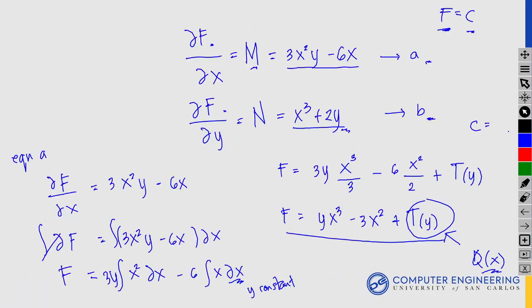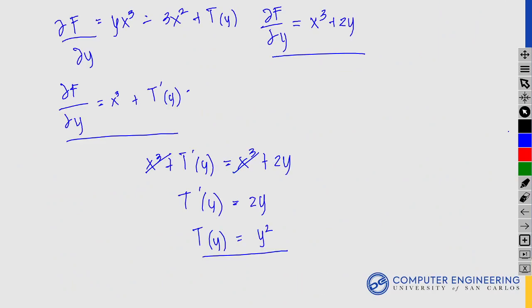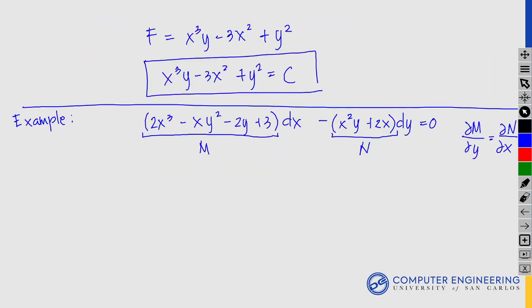If this is true, that means the equation is exact and we can proceed with the technique. So, M with respect to y, this is a constant, so it cancels out. The first term is a constant, so it cancels out.